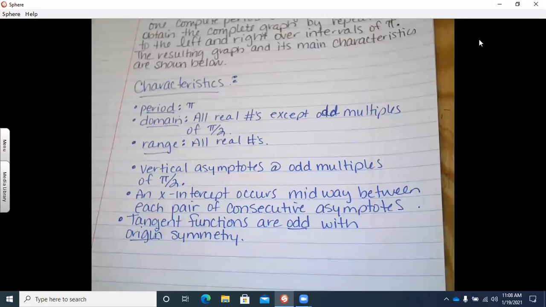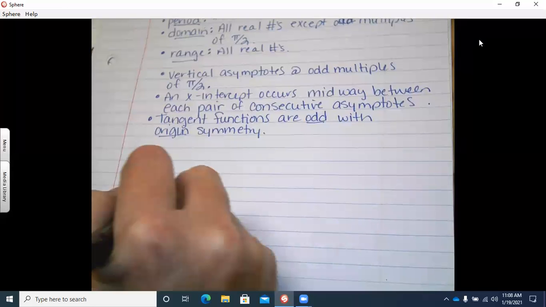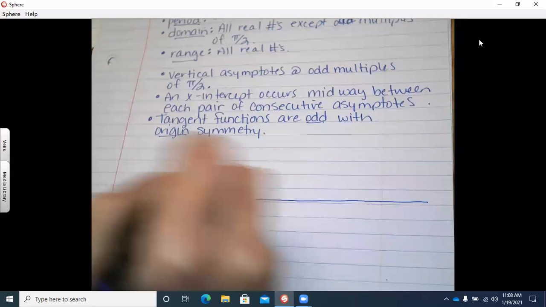So we're going to graph several intervals of y equals the tangent of x on the same graph, just so you can see what I am talking about when I say except odd multiples of pi, or the vertical asymptotes are odd multiples of pi, and the x-intercept occurs midway between each pair of consecutive asymptotes. So on the same piece of paper at the bottom, I'm going to draw an x-axis all the way across, and put a y-axis in the middle.